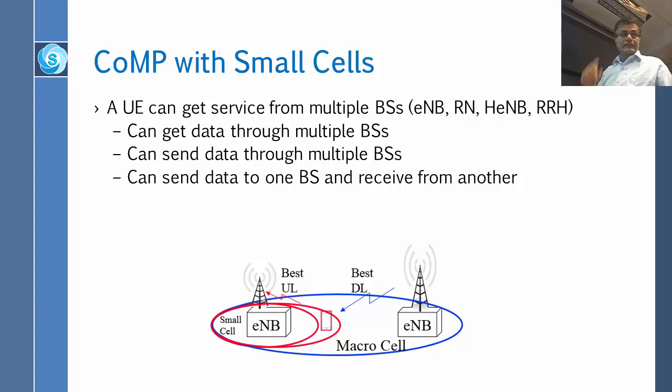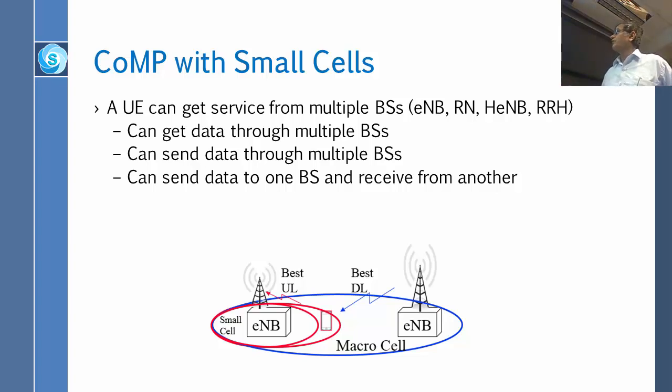So for example, for the UE here, they could coordinate and in fact even decide that the best downlink is on this side and the best uplink is on the other side. So it could be talking uplink there and downlink here.